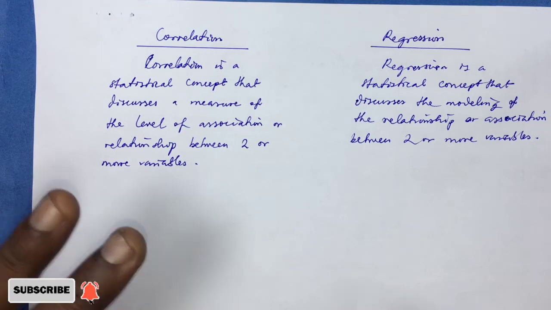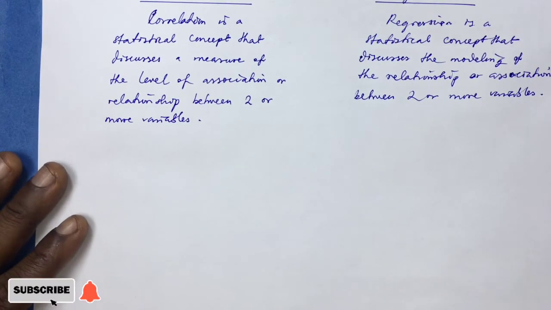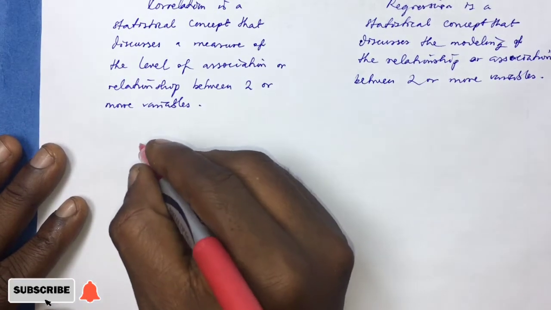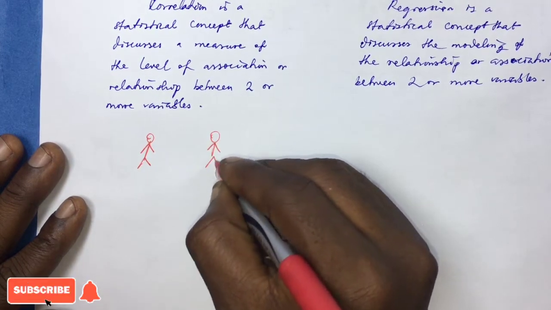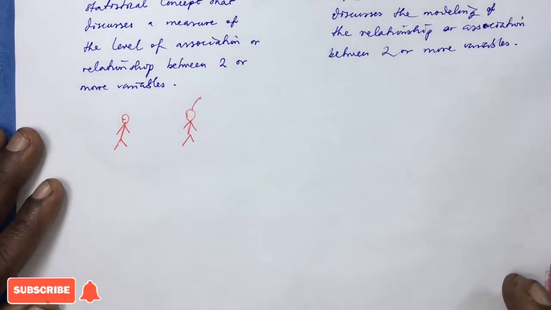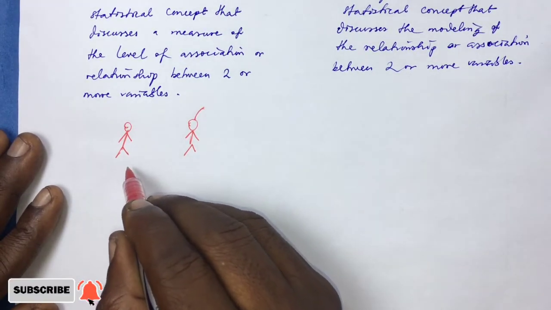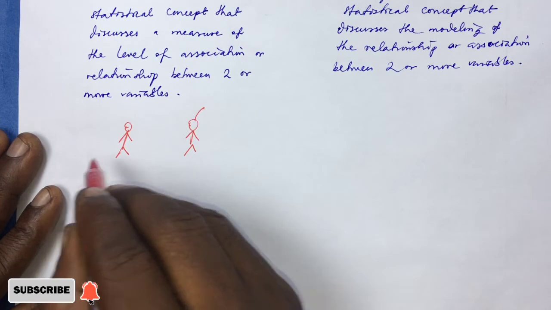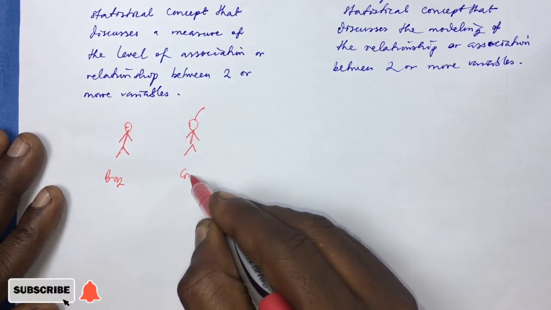Okay? Now, if you want to look at it in this manner, you can look at it from this angle. Let us assume that there is a boy and there is a girl. Okay? Now, in correlation, we check this about these two people, the boy and the girl.